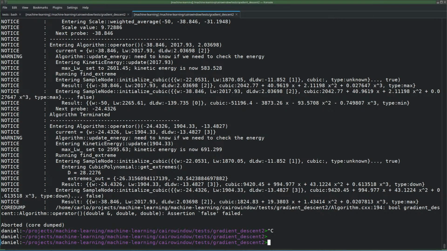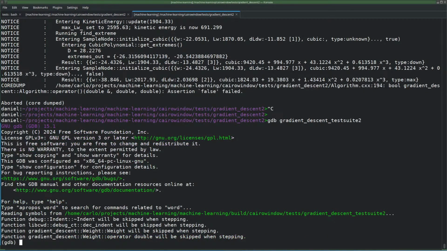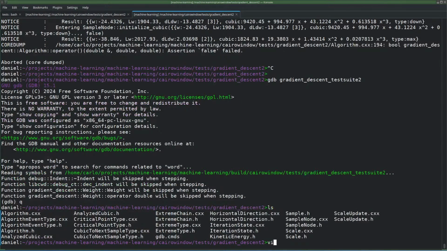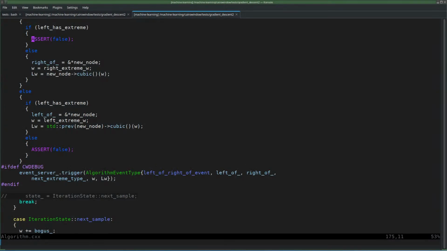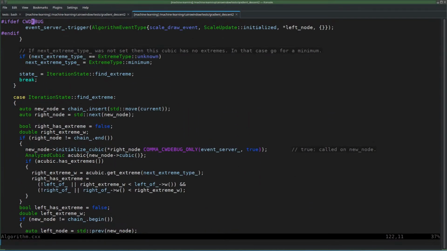I doubt it gives enough information to begin with. Yeah. Where do I want to look? I have no idea. Let's first find that point. Yeah, just here. Okay, sure. Just here about line 137 in algorithm.cxx.